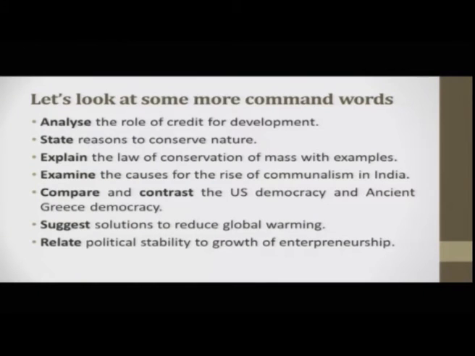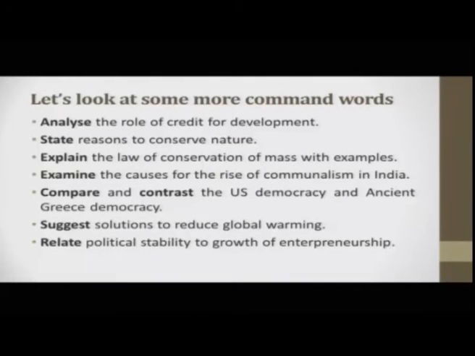We will now look at some more command words. Look at the questions listed here. Analyze the role of credit for development. State reasons to conserve nature. Explain the law of conservation of mass with examples.